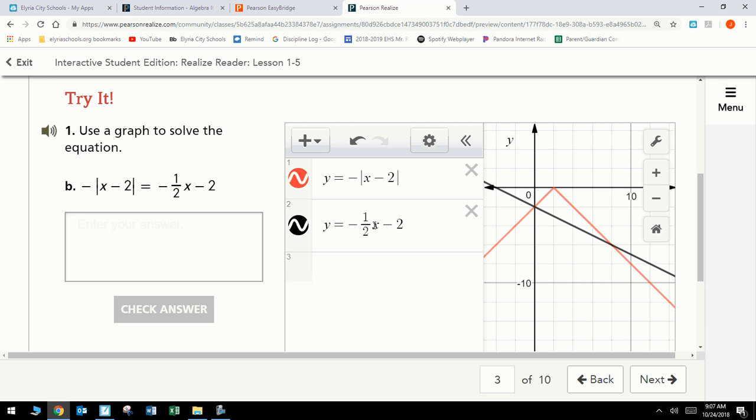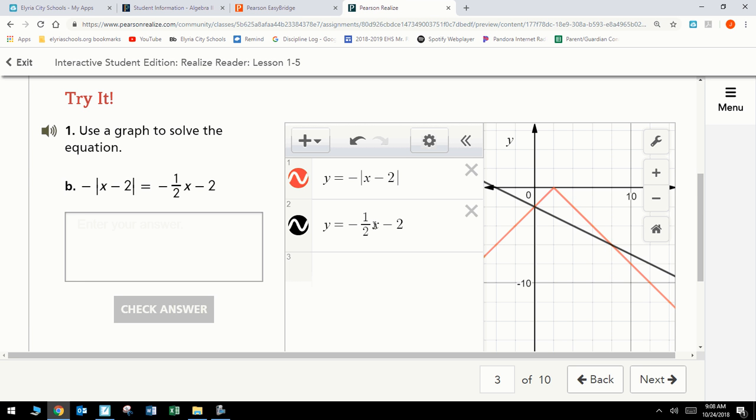So, what are my 2 solutions here? My graph is going up by 2s. Where's the first intersection point for x? Where's the x value where they intersect? They intersect at 0.